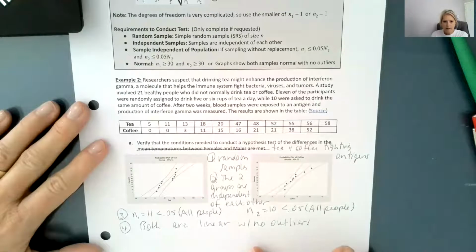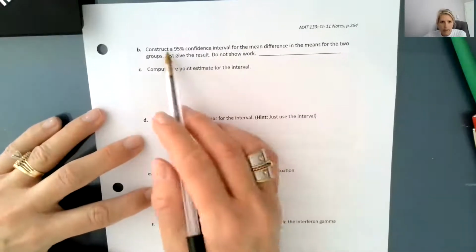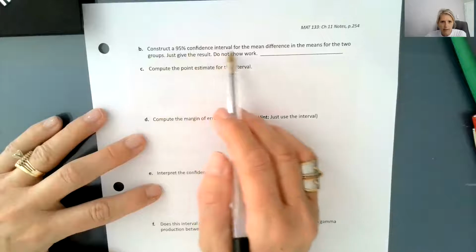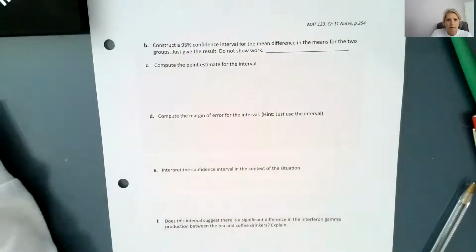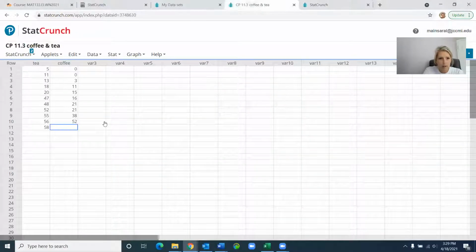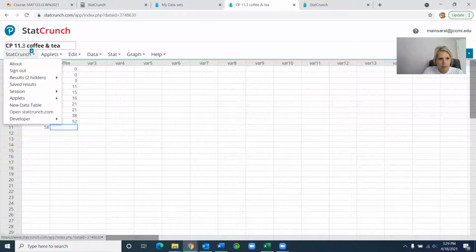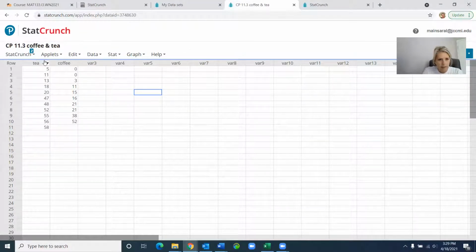Okay. So if you want to go ahead and go to the data in statcrunch, because B on page 254 is asking us to construct a 95% confidence interval for the mean difference in the means for the 2 groups. So just give the result and do not show your work. So let's go to statcrunch. And you can look, it says, I titled it Course Pack 11.3 Coffee and Tea. And there we are, the tea and the coffee.